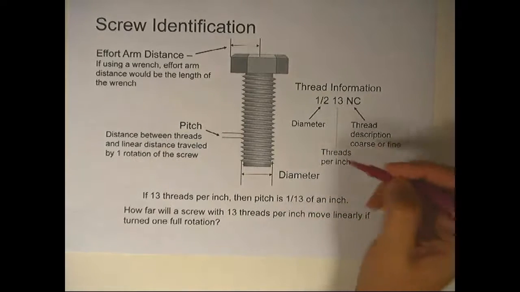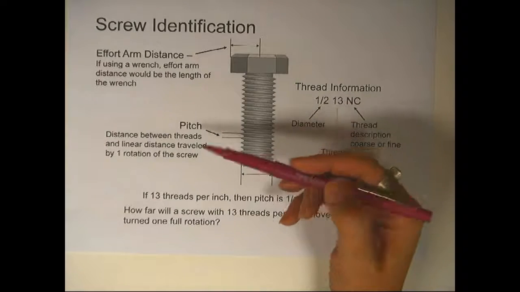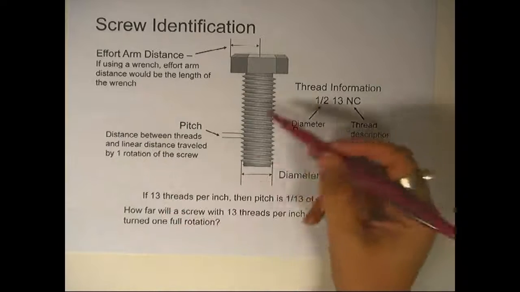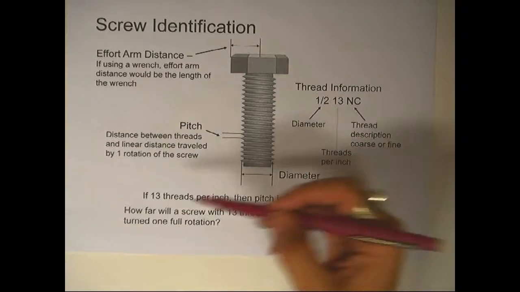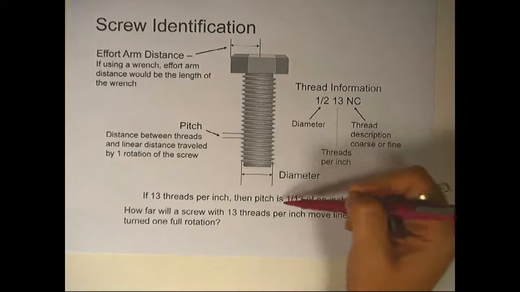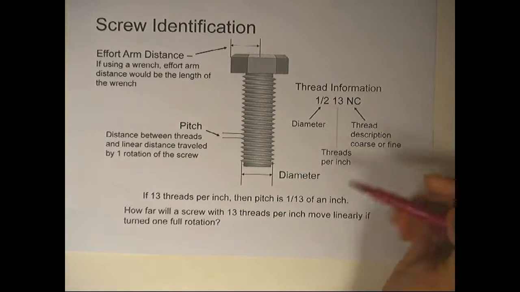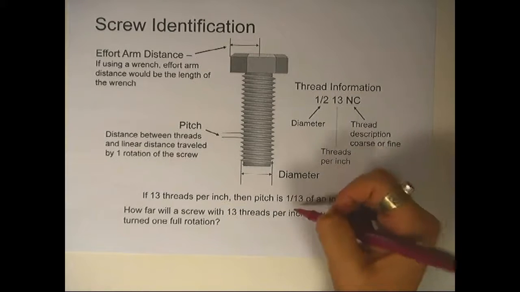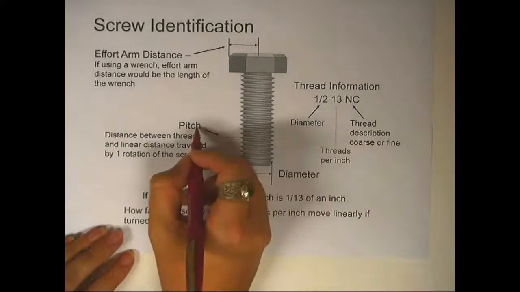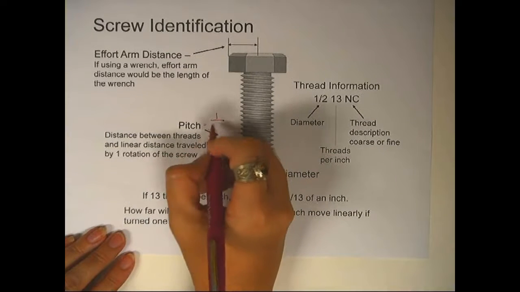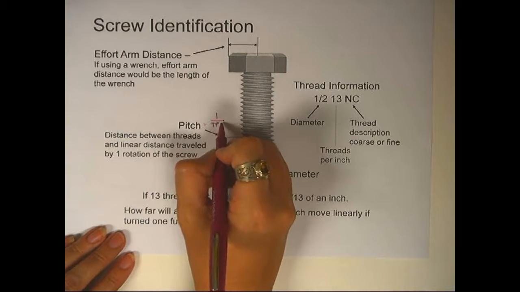So to find the pitch, if this screw here is 13 threads per inch, then the pitch is 1/13 of an inch. You basically take the reciprocal of this number to find the pitch. So the pitch is just 1 over the threads per inch.